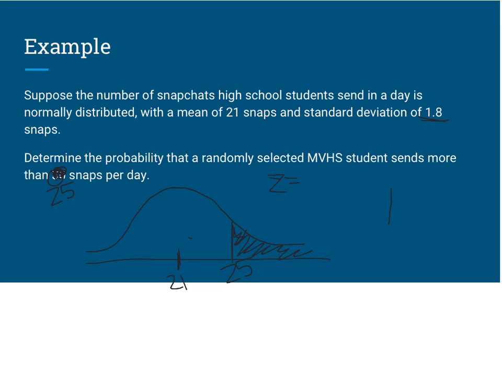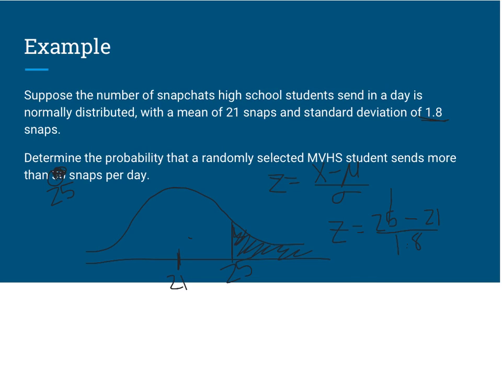So z equals x minus mu over sigma. And z equals, so let's see, x was 25 minus 21 all over 1.8. Take out your calculator and you go 25 minus 21 divided by 1.8.